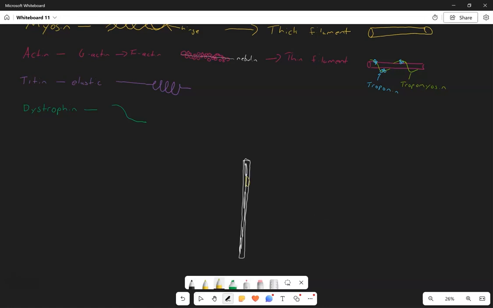So you have a thick filament, like so, another thick filament, and another, and then they're aligned so that you've got one this way, like so.